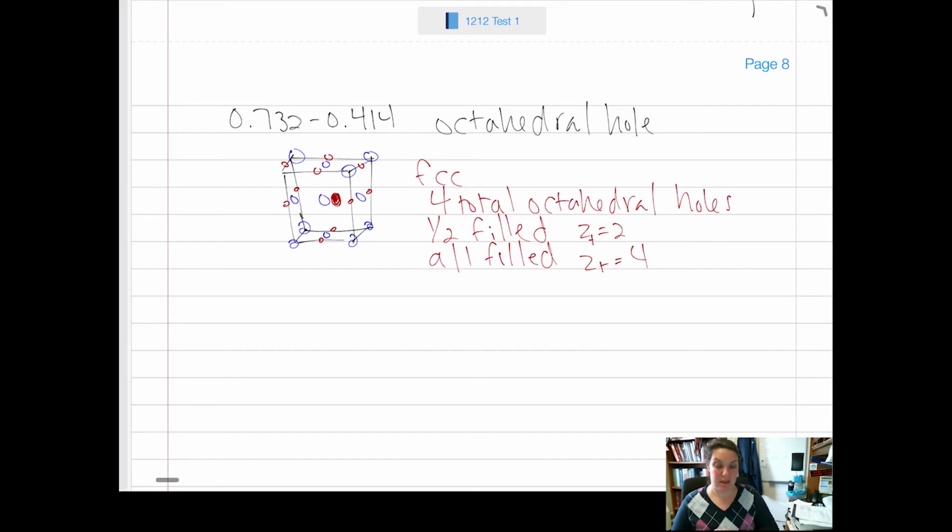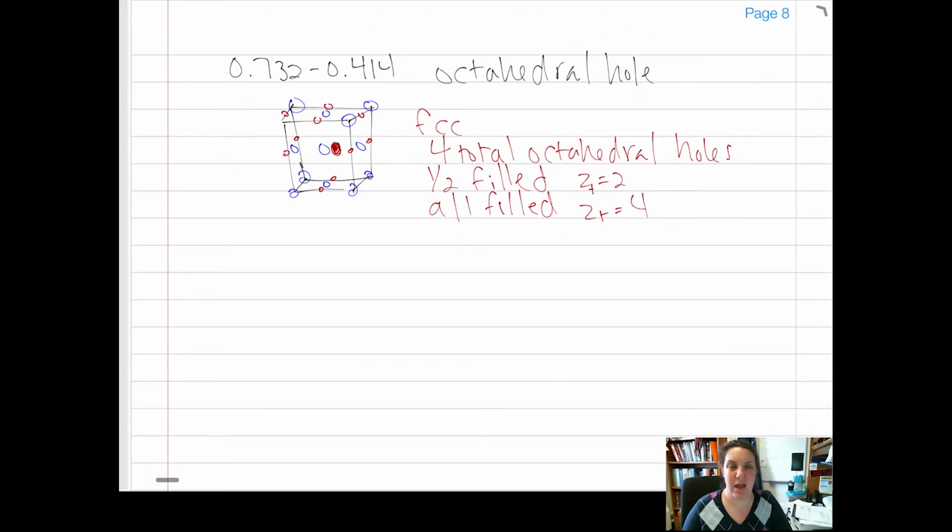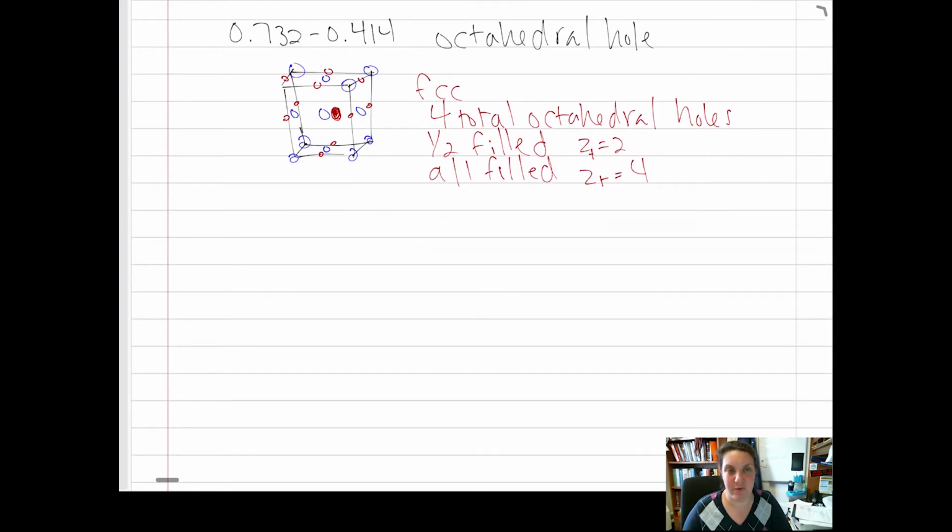Okay. So with our octahedral holes, if we have all of them filled and we're in a face-centered cubic, that means our cations will have a Z number of 4, our anions will have a Z number of 4. So we'll see that in a 1-to-1 ratio, such as in sodium chloride.